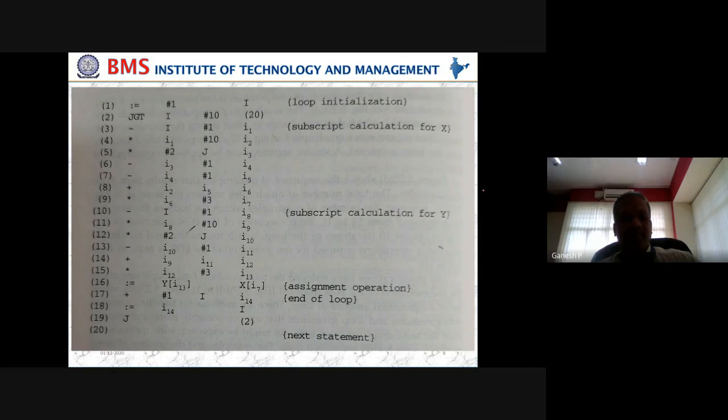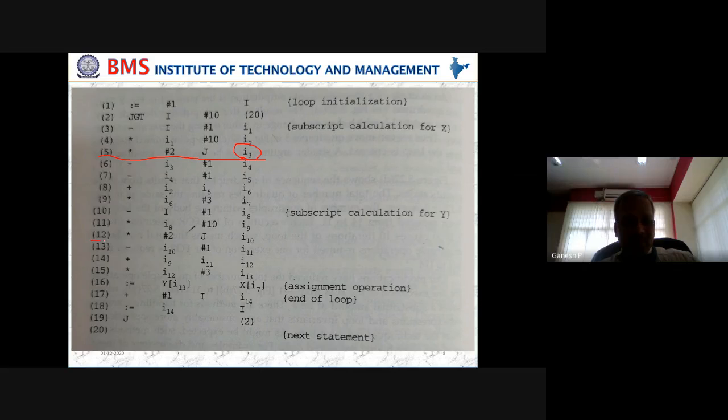For example, if you take line 5, star is the operation, 2 is an operand, j is another operand, and I3 is the intermediate, just a name, no change, no problem. Just check, is there any other quadruple which matches exactly?